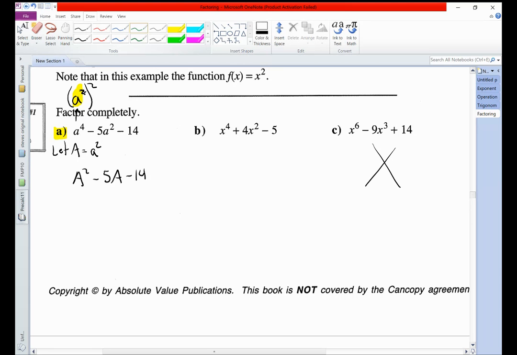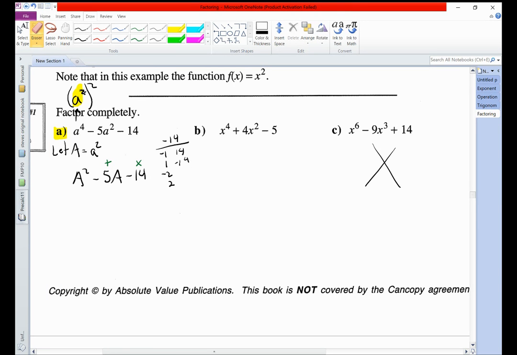We need two numbers that multiply to negative 14 and add to negative 5. So we can do our little multiplication chart here. Negative 1 times 14, 1 times negative 14, negative 2 times 5, 2 times negative 5. And right there is not the right answer, sorry, got ahead of myself, because 2 times 5 doesn't equal 14.